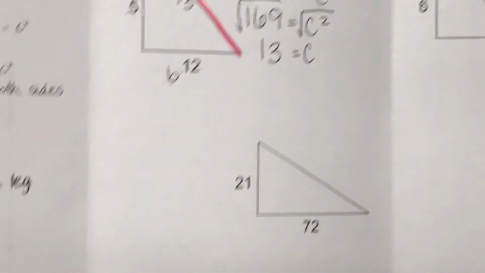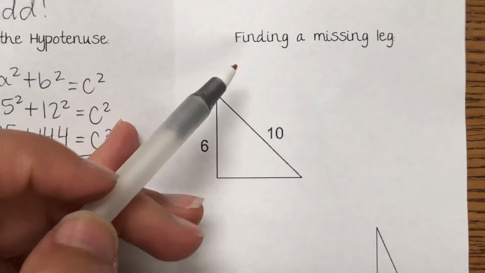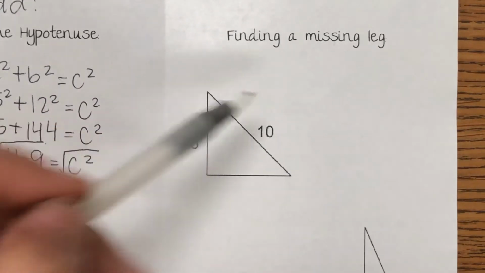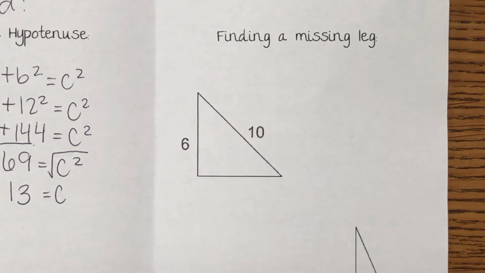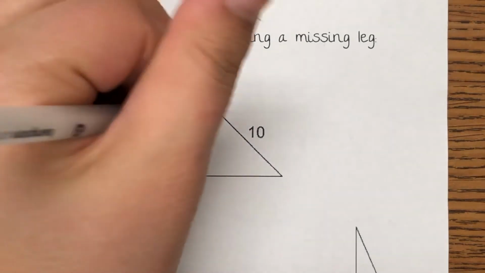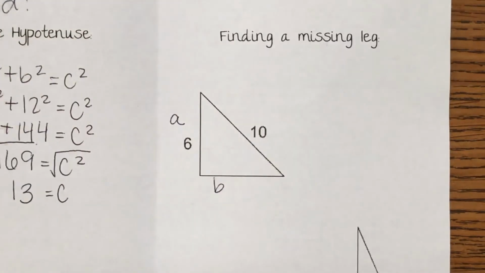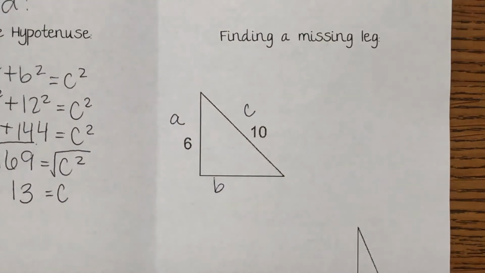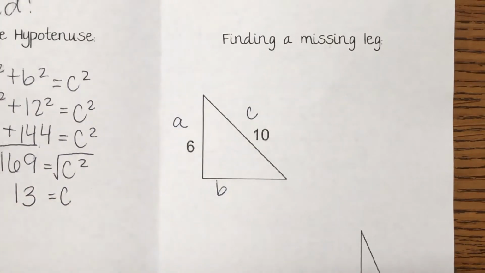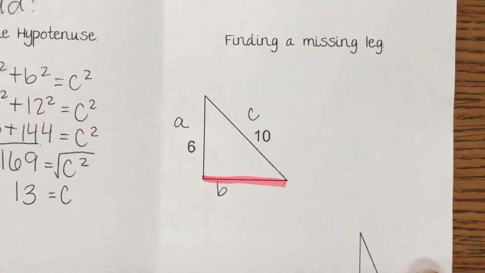Now I'm going to move over and do an example of whenever we're missing a leg. So I'm going to do this first triangle right here underneath finding a missing leg. First thing I'm always going to do is I'm going to label my triangle. So I have side A, which is a leg, side B, which is another leg, and then side C, which is my hypotenuse. I'm missing this value right here for B, so I know that that's what I'm going to be solving for.